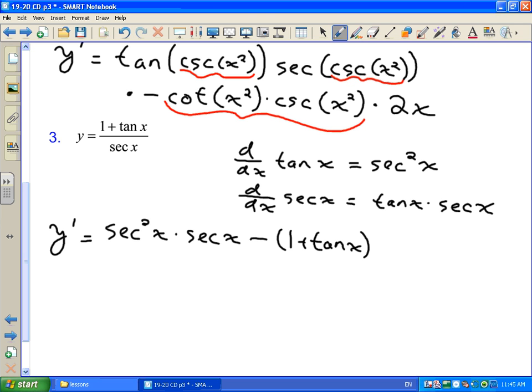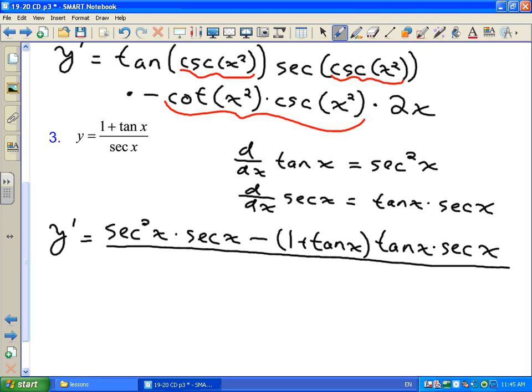That gets multiplied by the derivative of what's on the bottom. Derivative of secant x is tan x secant x. Let's make a nicer secant there, secant x. And all of this is divided by denominator squared, secant squared x.